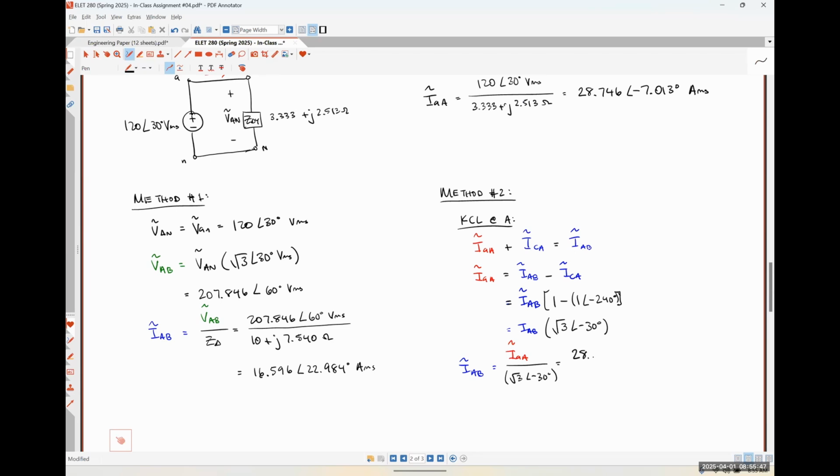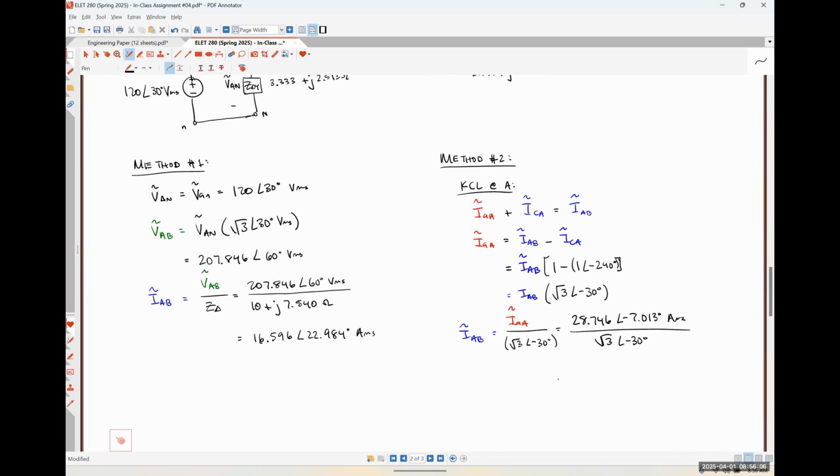So we have 28.746 with an angle of negative 7.013 amps RMS divided by root 3 angle negative 30 degrees.